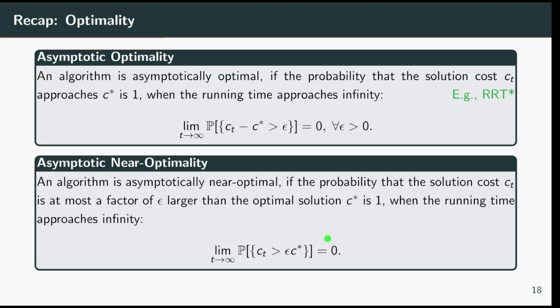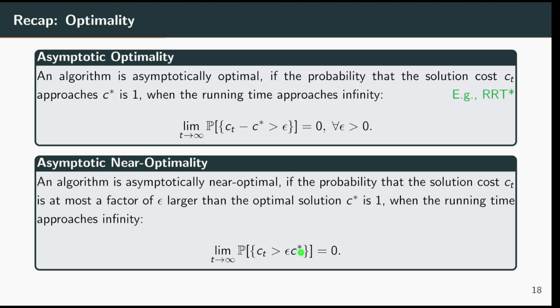And we also had this one in passing, I would say, which is asymptotic near optimality, which is related to bounded suboptimality. Same definition, but we get this epsilon in here.